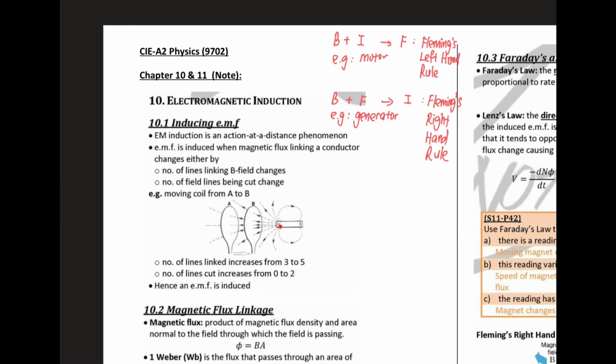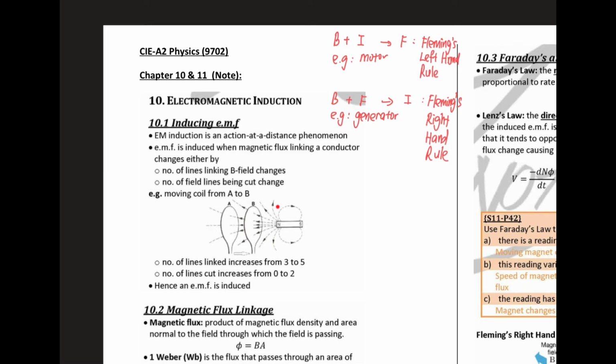The magnet is approaching the conductor or the coil but not touching it, and at the end the current is produced. So it's action at a distance, something like a remote control.